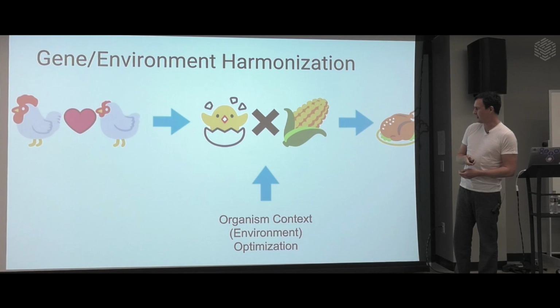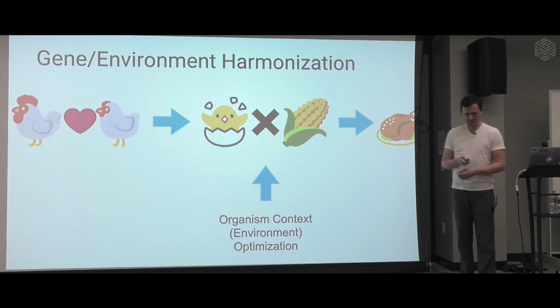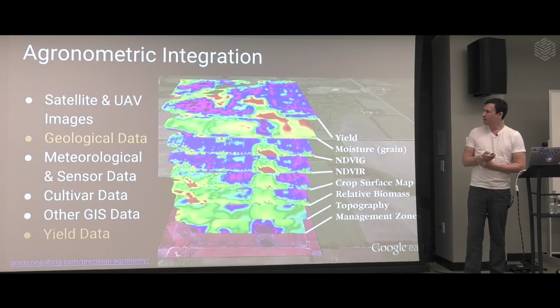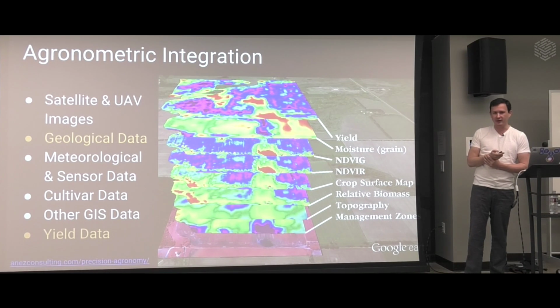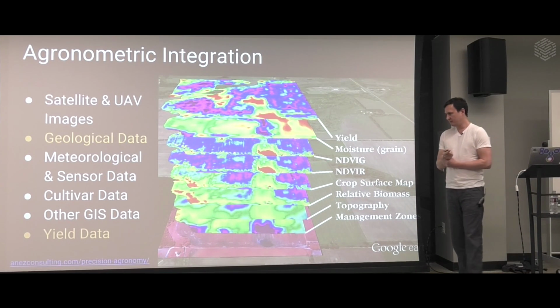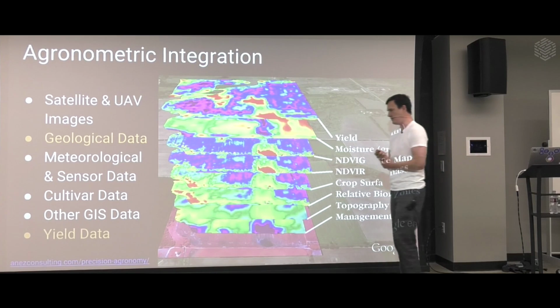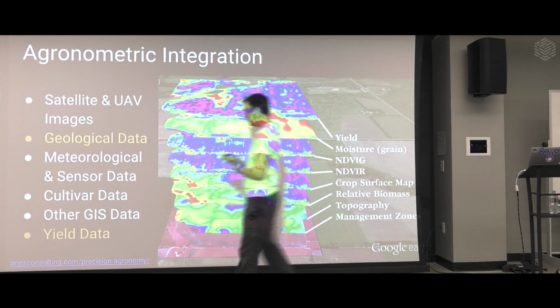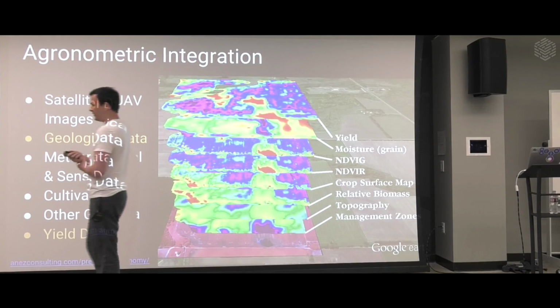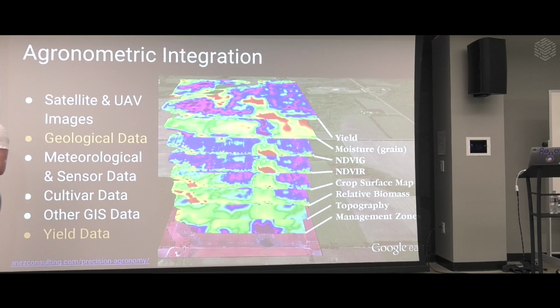So now I'm going to talk to you about that. This is a picture of some agronometric data. We all have a GPS. We all know what GPS is now. There's a whole bunch of sensors out there. The National Oceanographic and Aeronautic Association, I forget exactly what it stands for, they collect a bunch of sensor data, like wind sensors and temperature sensors.